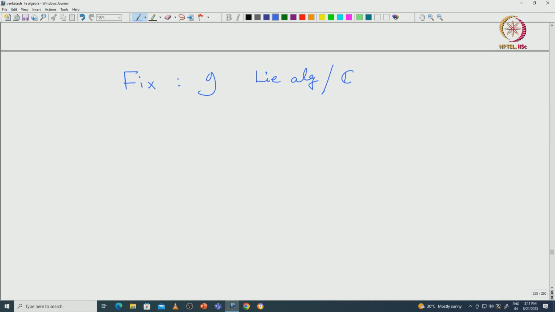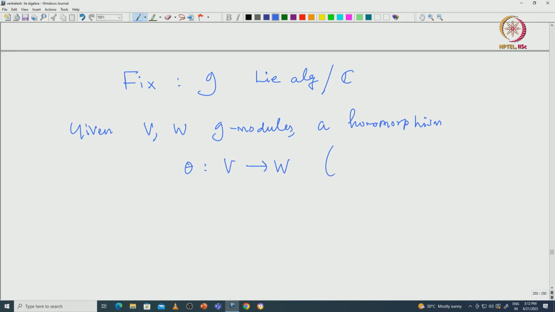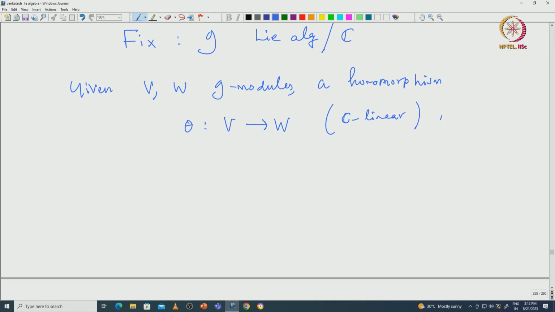Given two representations V and W, let us say G-modules, a homomorphism theta is a map from V to W. It must be a C-linear map to begin with, such that it commutes with the action of G. What is the meaning of that?